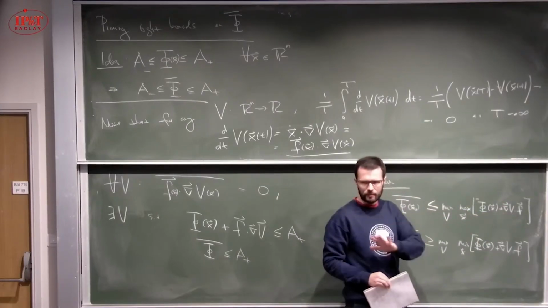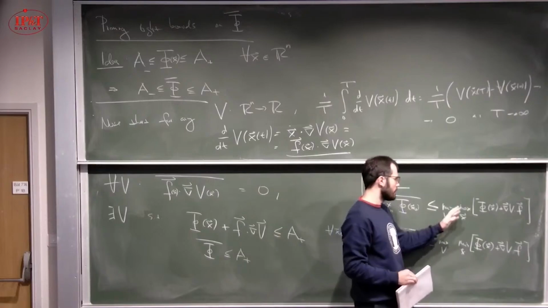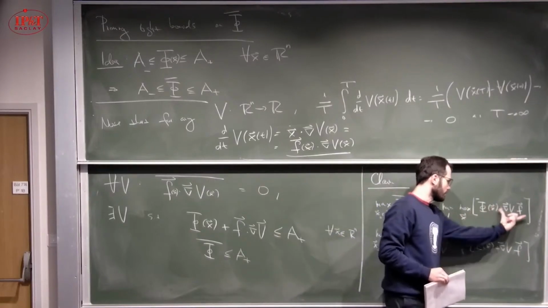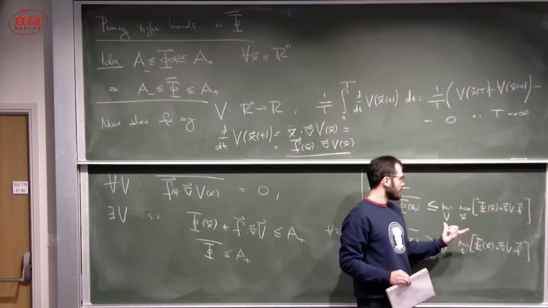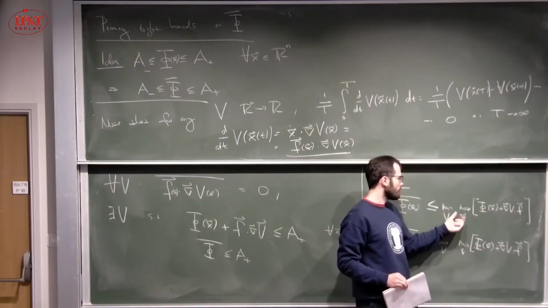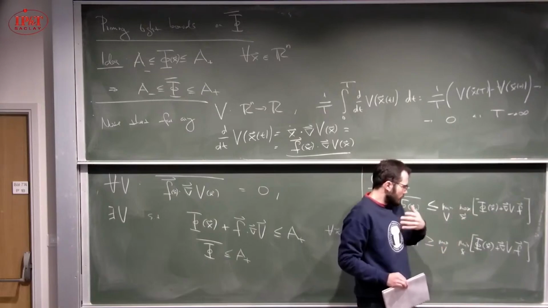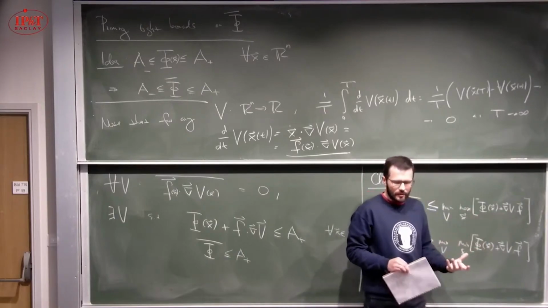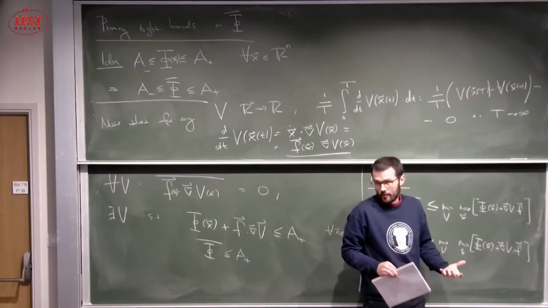You pick your favorite v, and for any v, this is some function in Rn, and look for the maximum value of this function in Rn. The long-time average of this bracket can never be greater than the maximum value of this bracket in Rn.